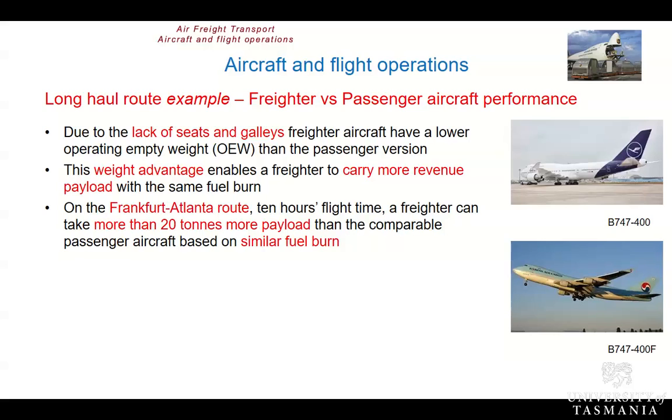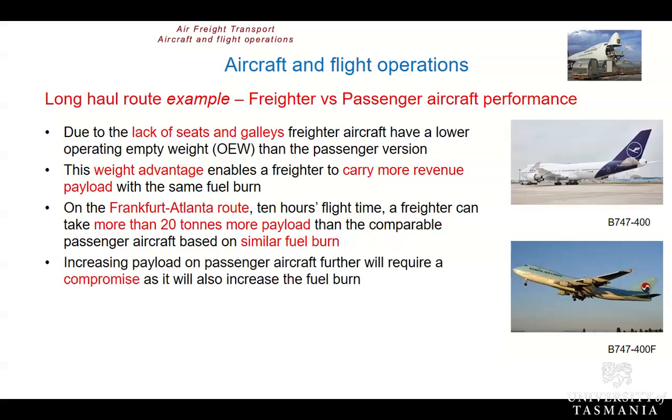An example would be the Frankfurt to Atlanta route. It's a 10-hour flying time. On this particular route, a freighter can take 20 tonnes more payload than a comparable passenger aircraft, and it's because of that weight difference. So that's some sort of advantage you would think.